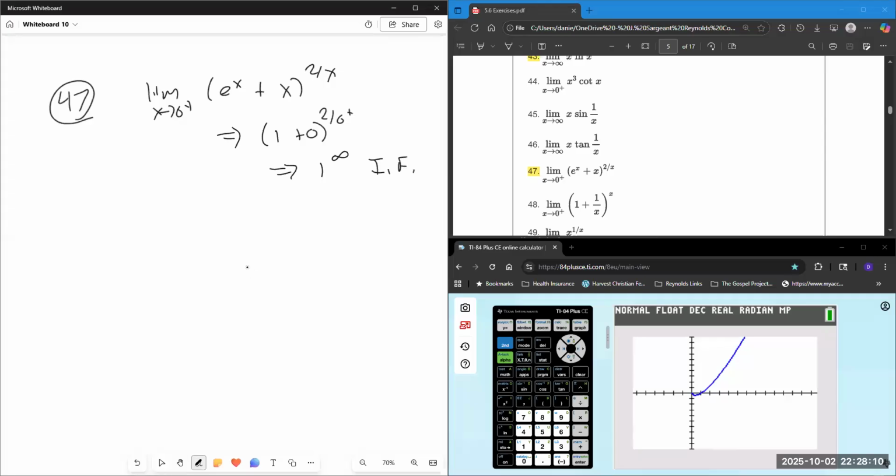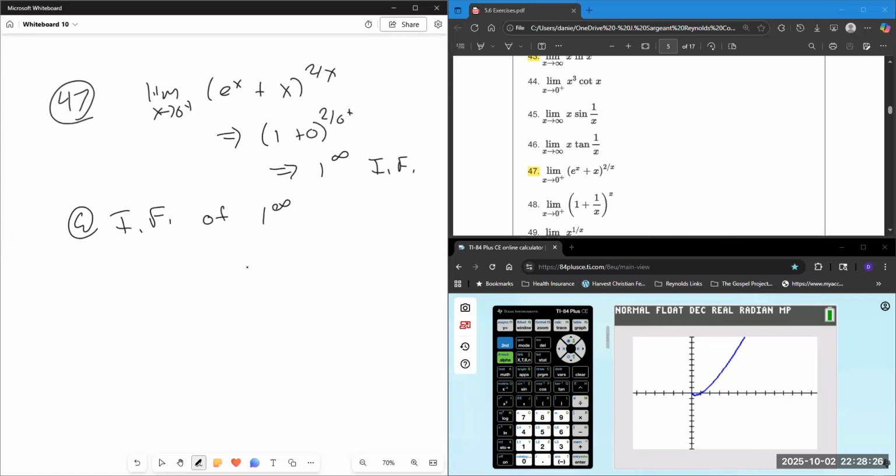It's not the kind of indeterminate form that lets me use L'Hopital's rule right away, but it is an indeterminate form. So we have an indeterminate form of 1 to the infinity.